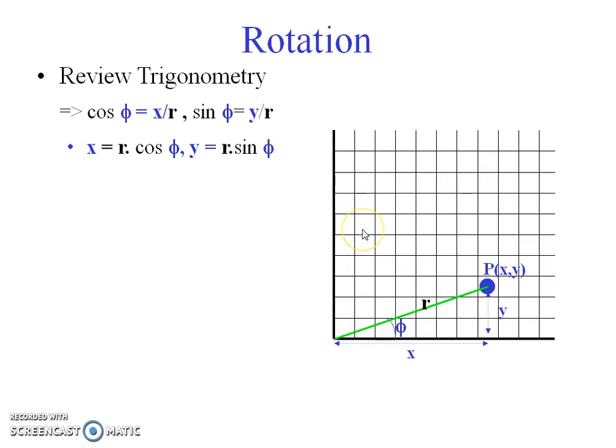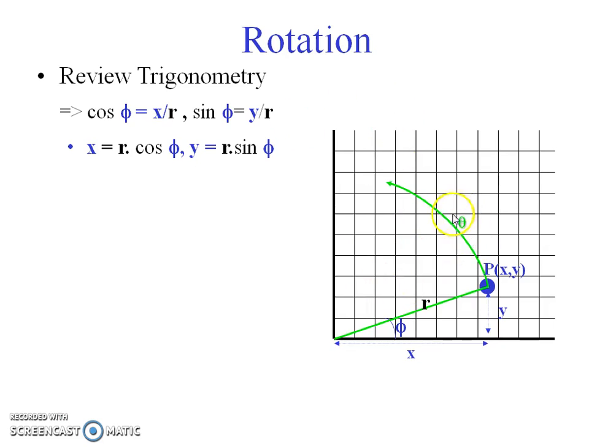And for this we require a little bit of trigonometric concept, which is cos phi equal to x by r and sin phi equal to y by r, so that we can get the x value equal to r dot cos phi and the y value equal to r dot sin phi.